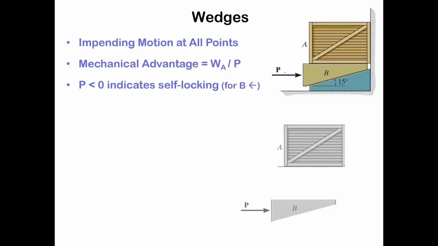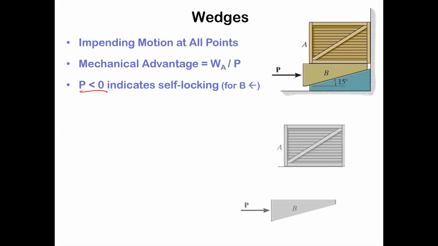You can keep that crate up with a much smaller force P than the weight, to keep the crate from pushing everything downwards. And sometimes you get the situation where P is less than 0, meaning it's self-locking for B moving to the left. You could just leave it, and the wedge will hold it in place without any extra force applied.